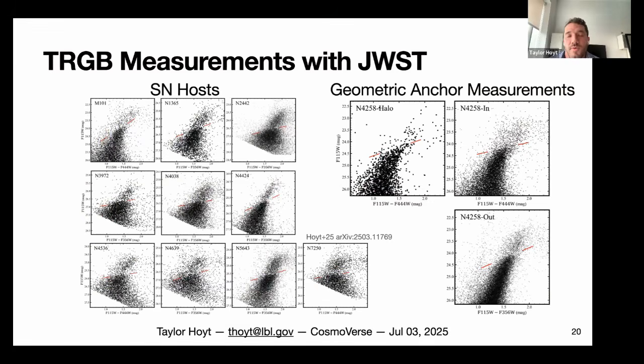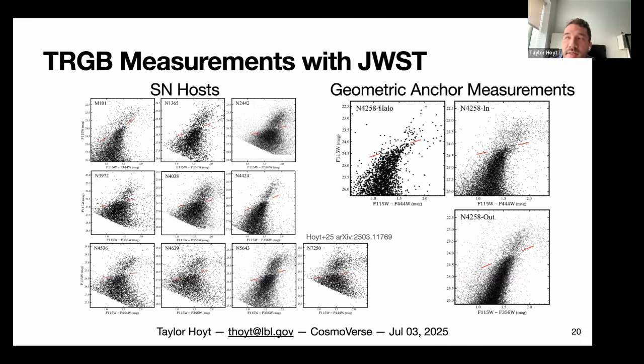Again, here's more of astronomers' favorite plots. On the left are the color magnitude diagrams, the TRGB identified in red. And the band passes we observed in, the TRGB is actually not a perfect standard candle, but it is standardizable via its color, because red giant stars actually have a very definitive relation between the color and the metallicity.